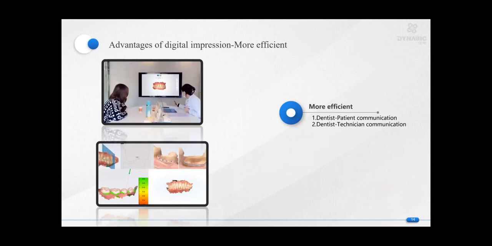Sometimes patients cannot understand the technical jargon, making it difficult to communicate effectively with patients.